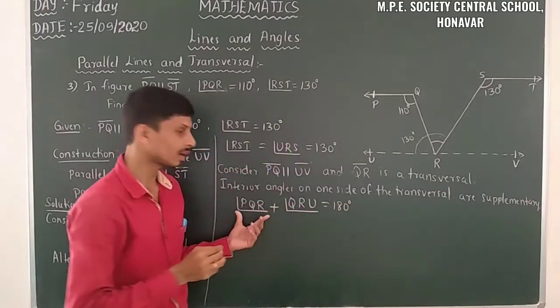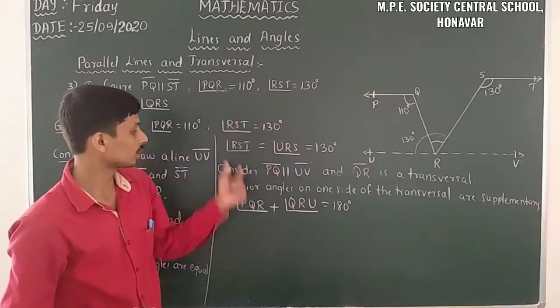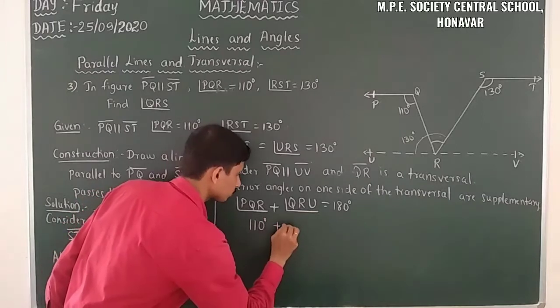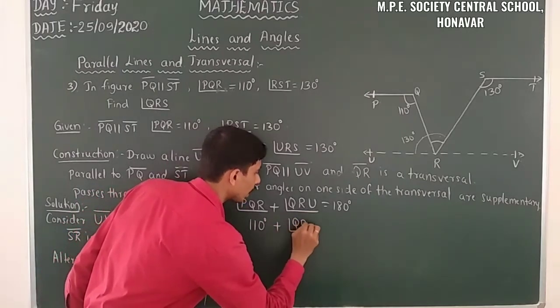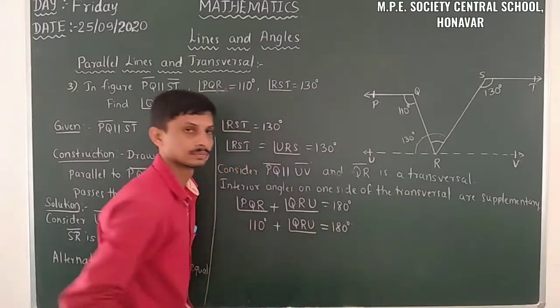Here we have the value of angle PQR, so let us substitute it in this equation. So 110 degrees plus angle QRU is equal to 180 degrees.